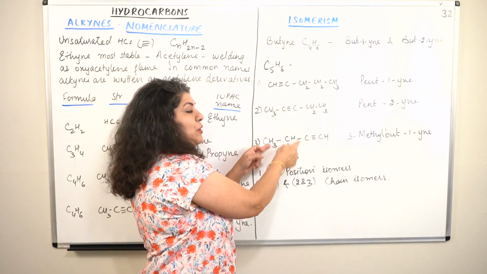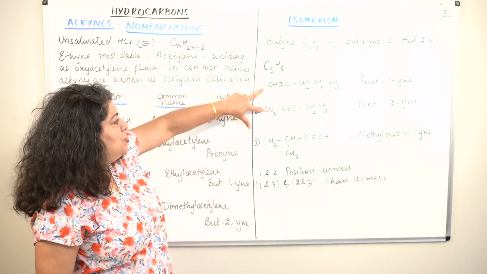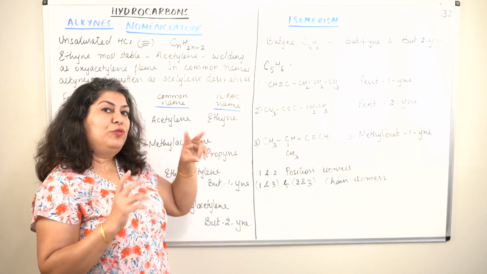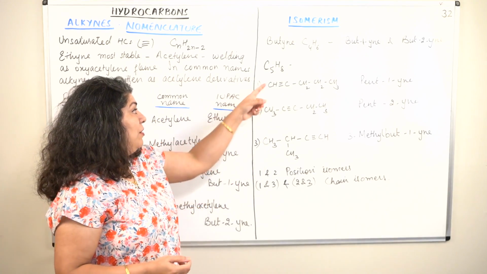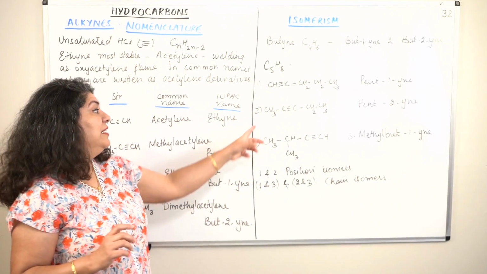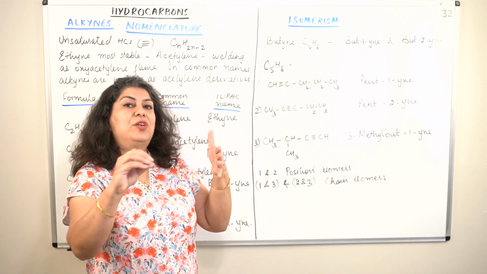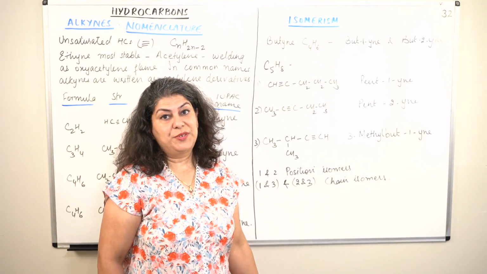Similarly, this one and this one, what is the relation between them? They are also chain isomers. These 2 are position isomers. In both of them, what is the difference? The position of the triple bond is different. But in first and third and second and third, there is a difference in the basic structure of the carbon chain. Therefore, these two will form chain isomers.